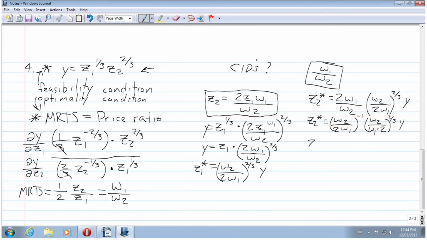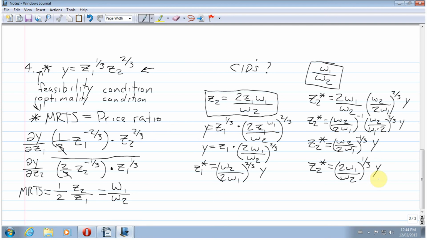I can just add the exponents. w2 over 2w1 to the power negative 1 over 3 times y. And one last line just to clean it up is that z2 star equals 2w1 over w2 to the positive 1/3 times y. Of course, this would be acceptable. It's the same answer. I just like to clean it up and make it a positive exponent.